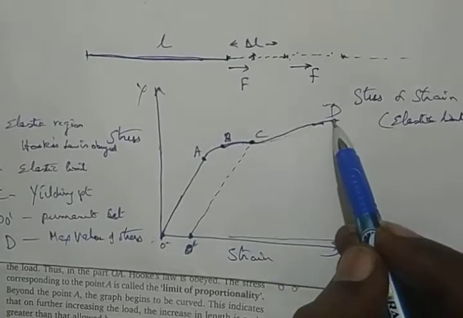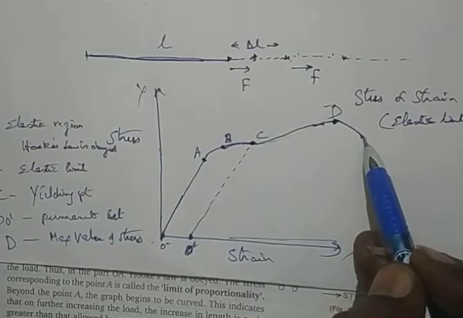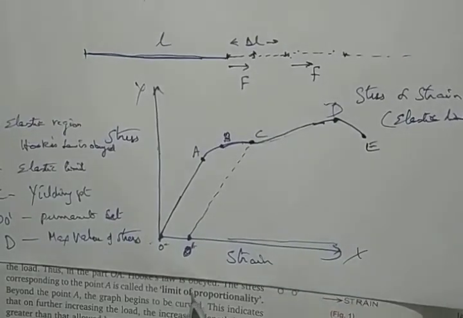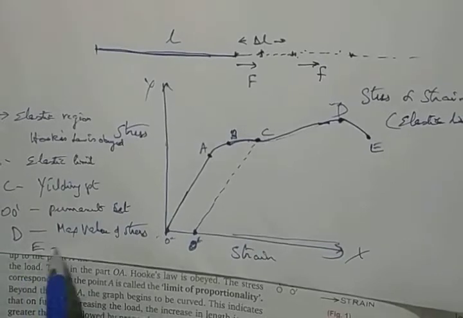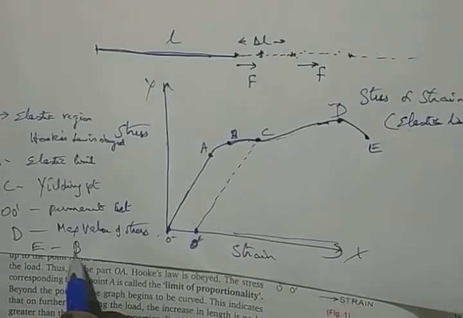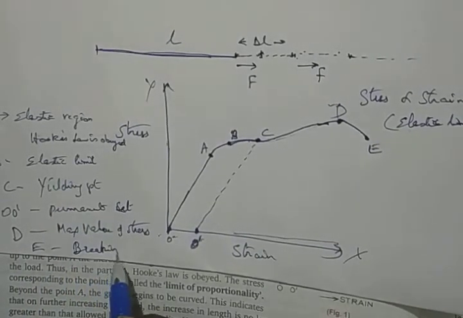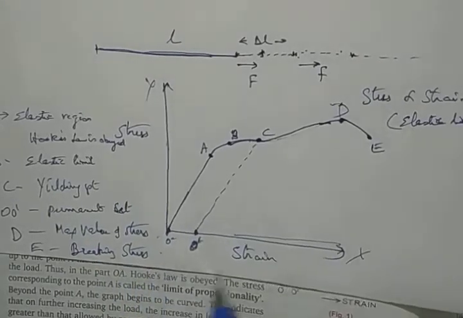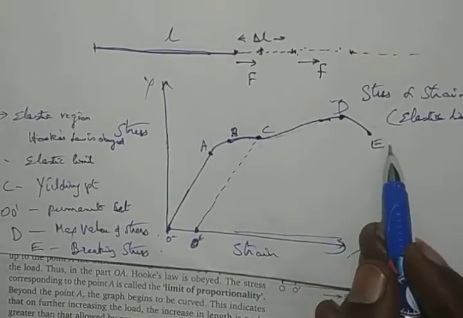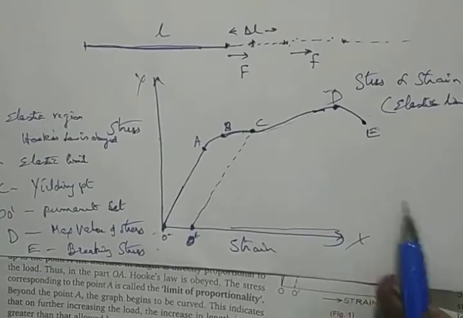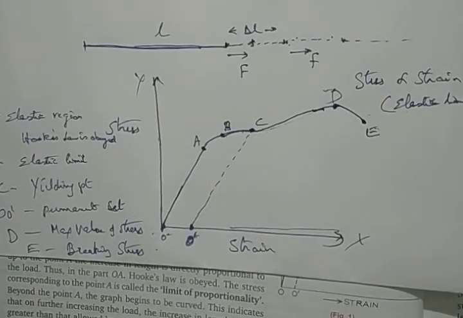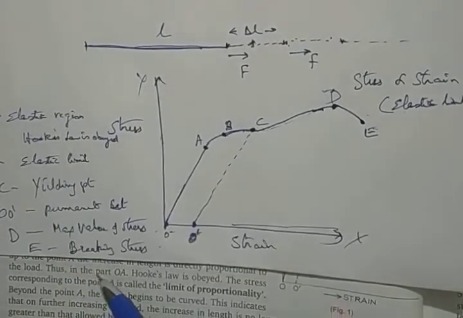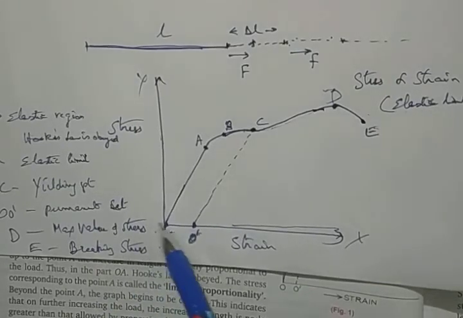After that, sometimes it just drops down and it goes to E. Point E is called the breaking stress. It flows so fast and then it finally breaks. E is the breaking stress point. Now you have a lot of points to understand.